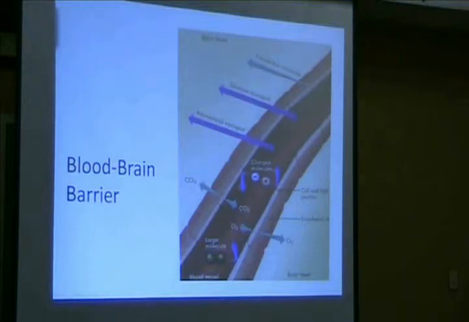Now, the relevance of this is that drugs that need to get into the brain have got to cross through the blood-brain barrier. And a lot of molecules can't. Or some of them can, but in just very small amounts, like the amino acid tryptophan, for instance, which is necessary for making melatonin and serotonin, does get into the brain, but not a lot.